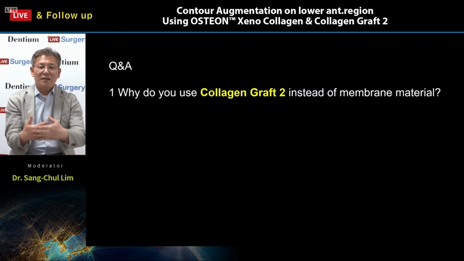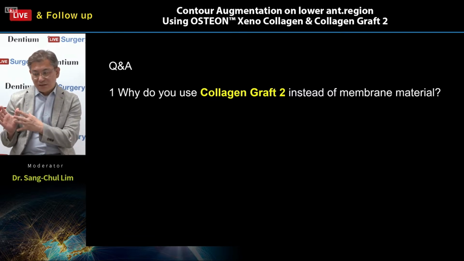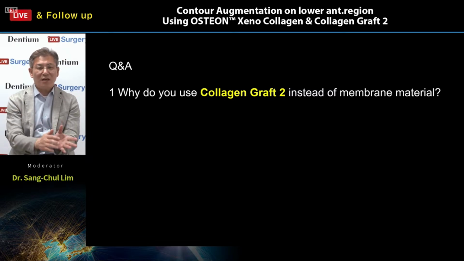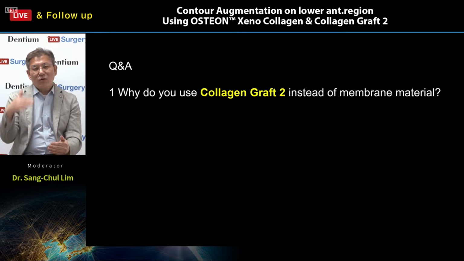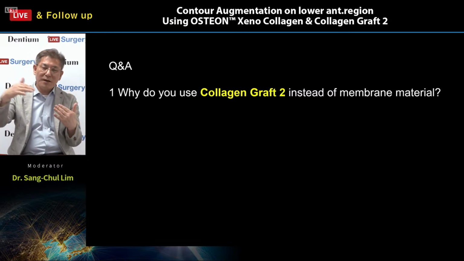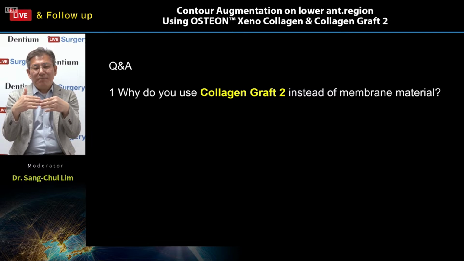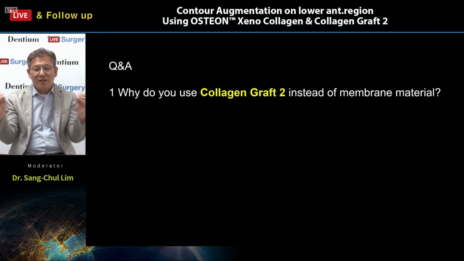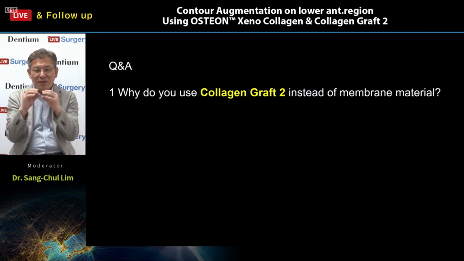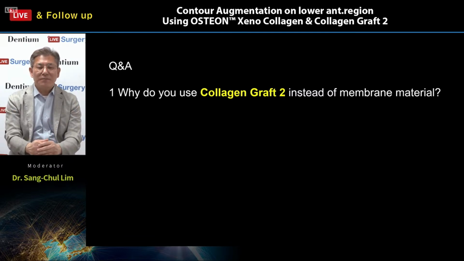And another issue is that a membrane blocks the blood supply. So with a very thin overlying flap, the flap design and flap thickness, a thin biotype of the overlying flap can be exposed and suffer necrosis by using this membrane.